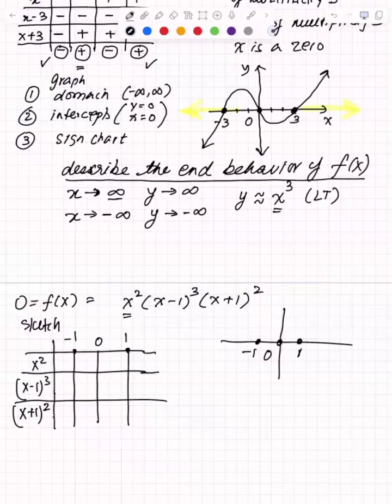Follow along. X squared, it doesn't matter, x squared is always positive, except when x is 0, when that is 0. Now (x minus 1) cubed. X minus 1 is 0 when x is 1.